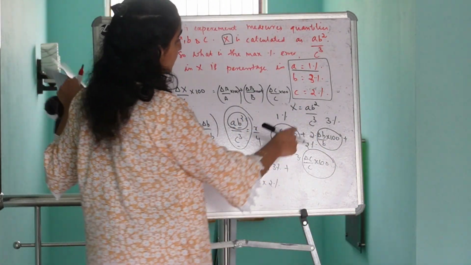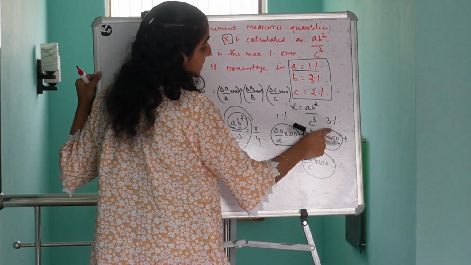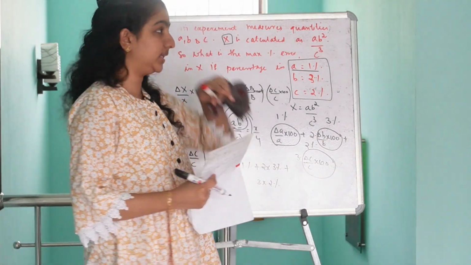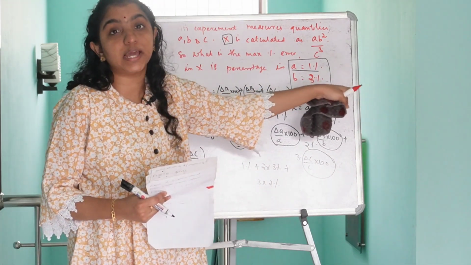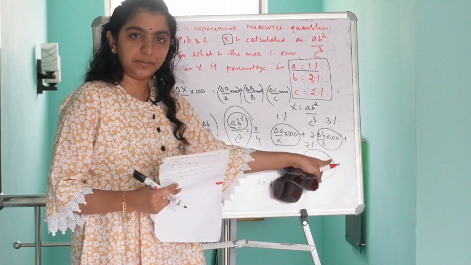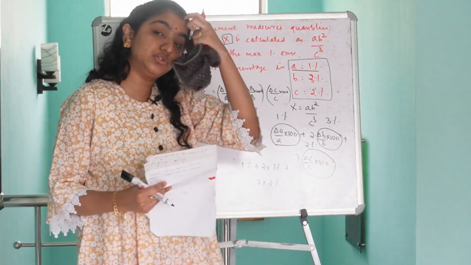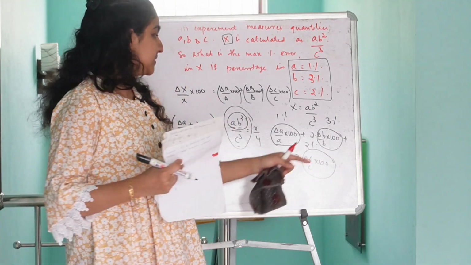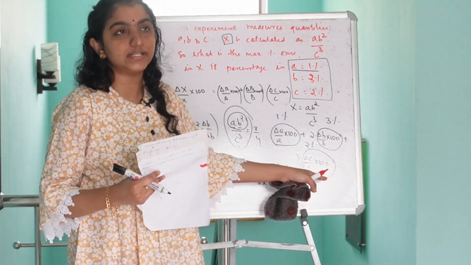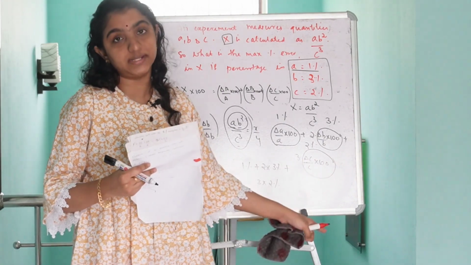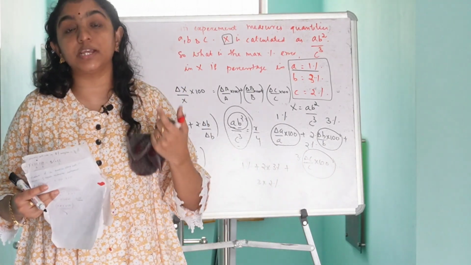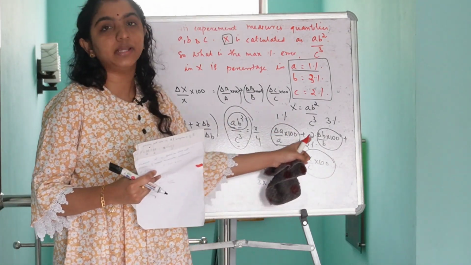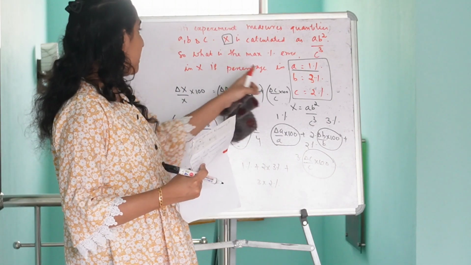Here why we are substituting 3% only for del B by B into 100? Because you are given the percentage error in B, but 2 into del B by B into 100 is the percentage error in B square and not B. Similarly in the case of C, 3 into del C by C is the relative error in C cube and not in C. And for del A by A into 100, we have the power of A as 1, isn't it?